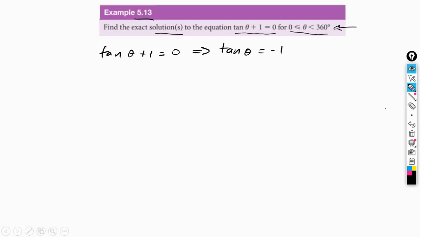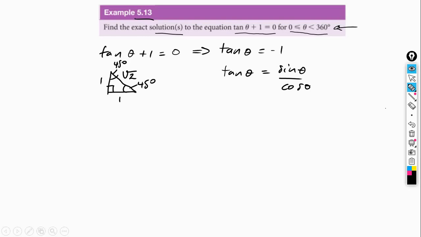Let's recall that there's an identity that says the tangent of an angle is equal to the sine of that angle divided by the cosine of the angle. And then the reference triangle, the special right triangle for this case, is going to be the triangle where we have 1, 1, and the hypotenuse with a measurement of square root of 2. So we know that this is going to be the 45, 45 special right triangle.